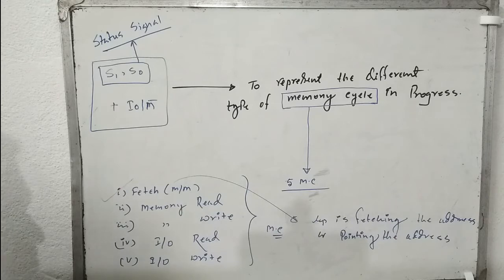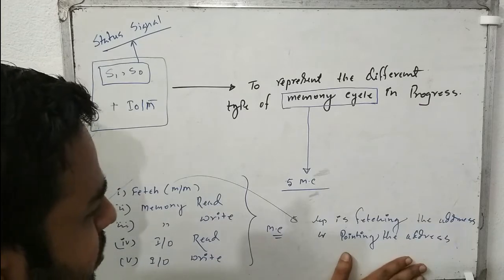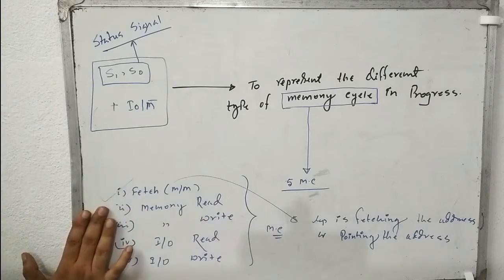It will place that address on the address bus. Then the address bus will point to a particular address or location in the main memory, and from the main memory the instruction will be read and placed on the data bus. That is the process actually. We will discuss the process in a coming session, so that will clear your idea of the fetch operation.